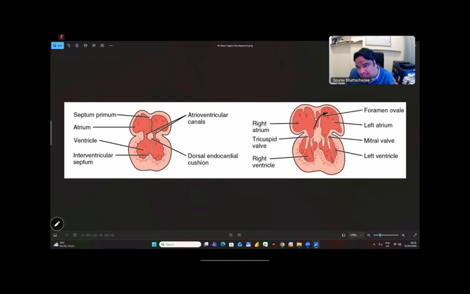The sixth arch, please remember for exam, because it has been asked many, many times. What does the sixth arch give rise to? The sixth arch gives rise to the trunk of pulmonary artery. Remember this, it has been asked many a time. They will give rise to the pulmonary trunk. And this is interesting, so let's look on the right side here.